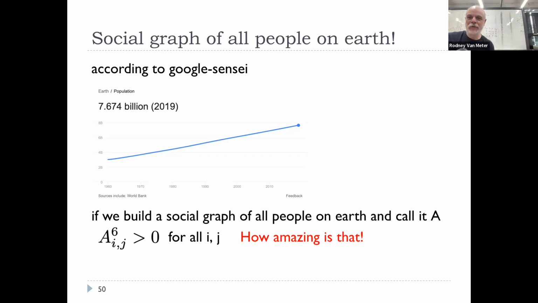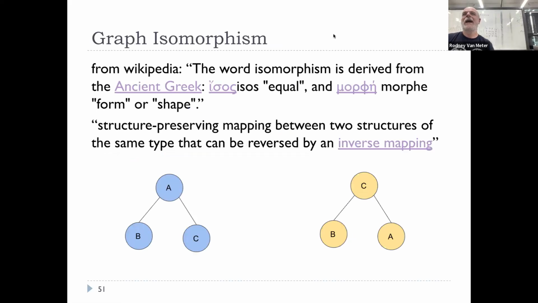If you took that entire adjacency matrix and took the 6th power of that, then every entry in that matrix would be non-zero, because the zeros are ones where we have not yet found a path. Right? So that's the basic idea there. And that takes us to graph isomorphism, and we'll pick up with graph isomorphism on Monday.